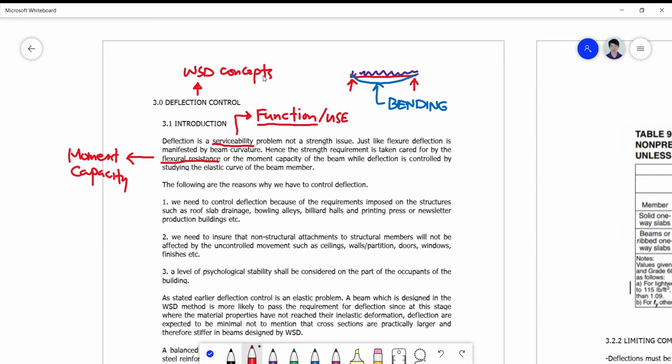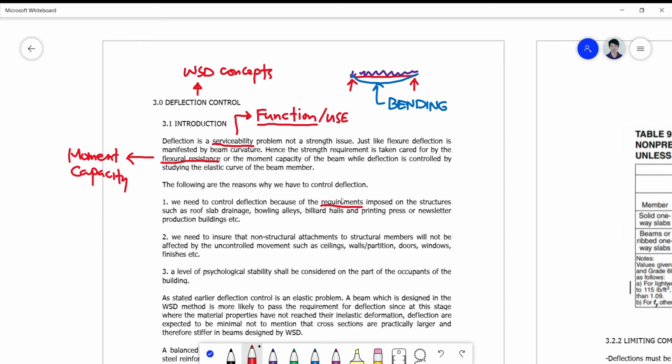So the following are the main reasons why we have to control deflection. First, we need to control deflection because the structure imposed some requirements. Okay, so we need to follow some requirements, basing it on the code.